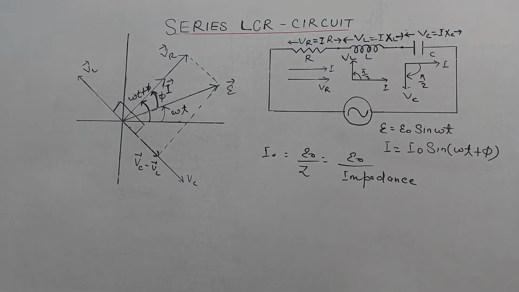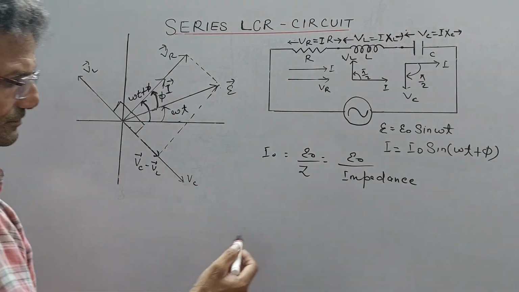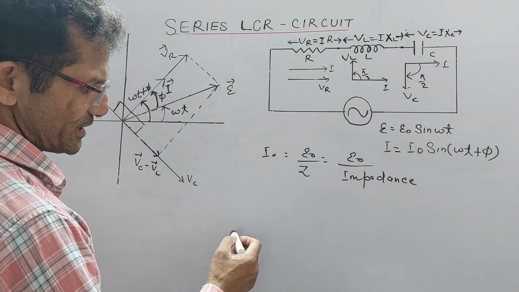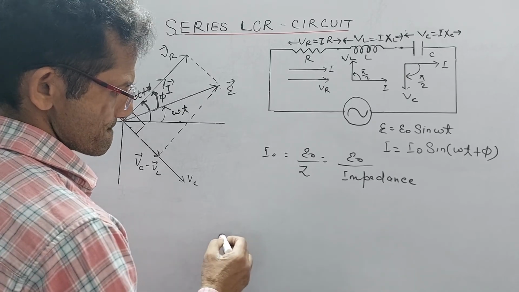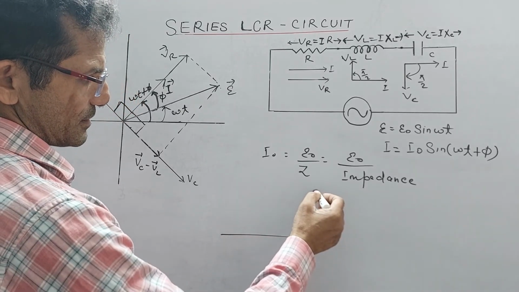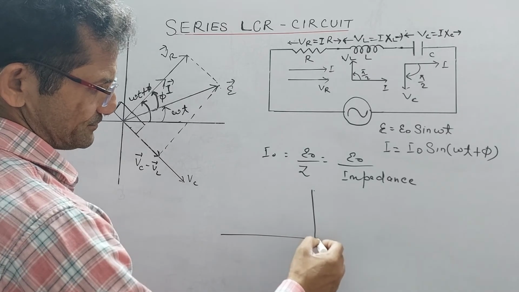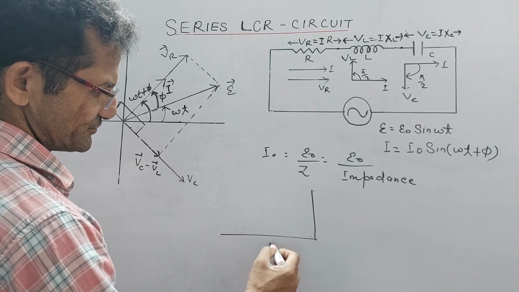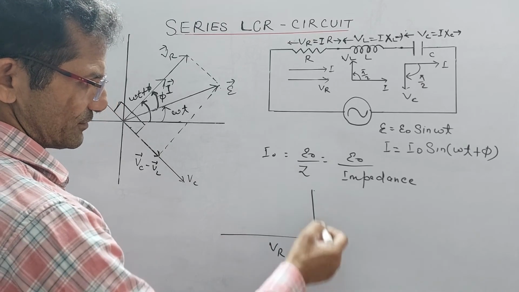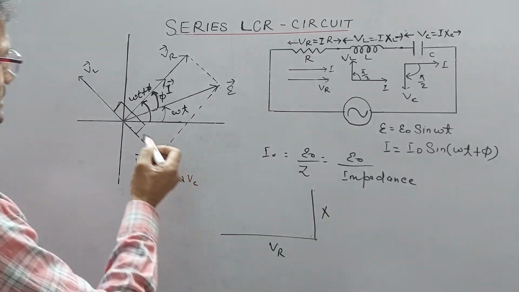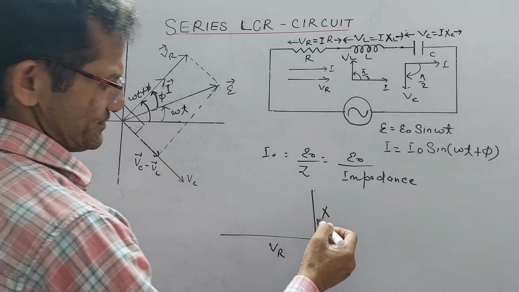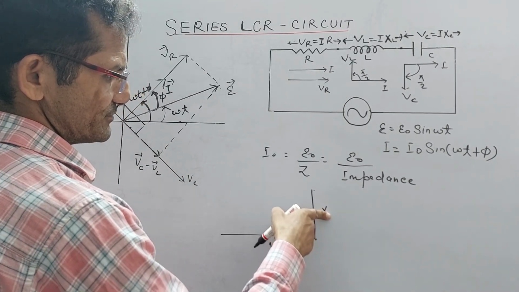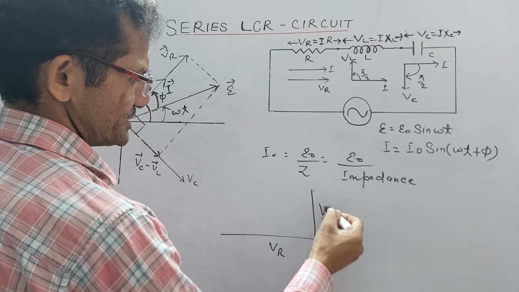Now this phi can be calculated by using the impedance triangle. This is your impedance triangle. Along this one will be the vector VR. Along this one will be the vector VC minus VL. This is VC minus VL.